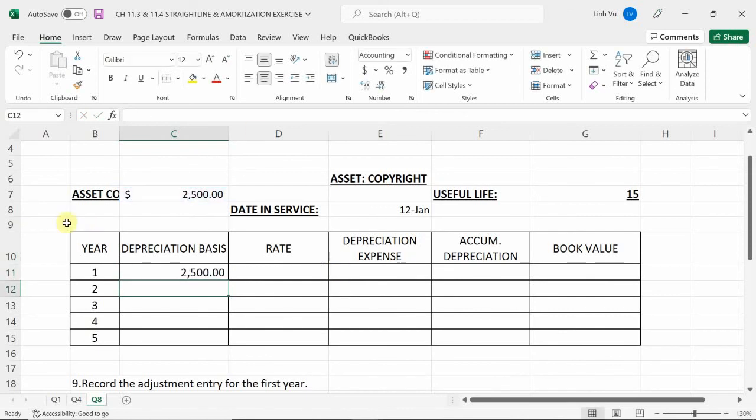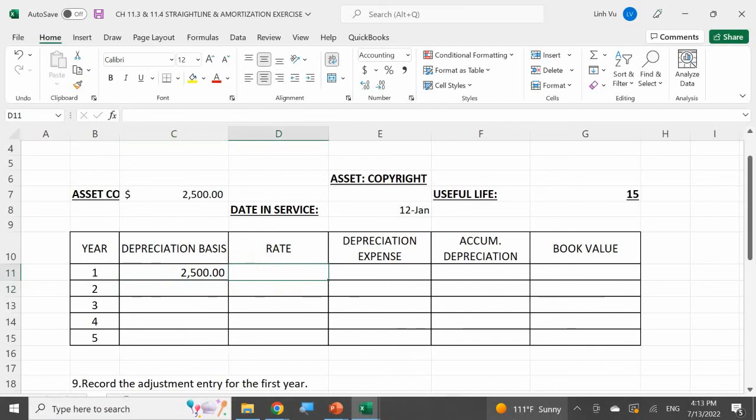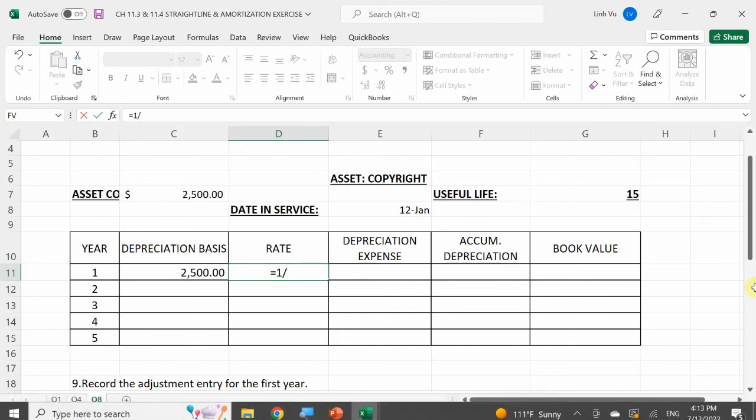What is my rate going to be? 1 divided by 15.